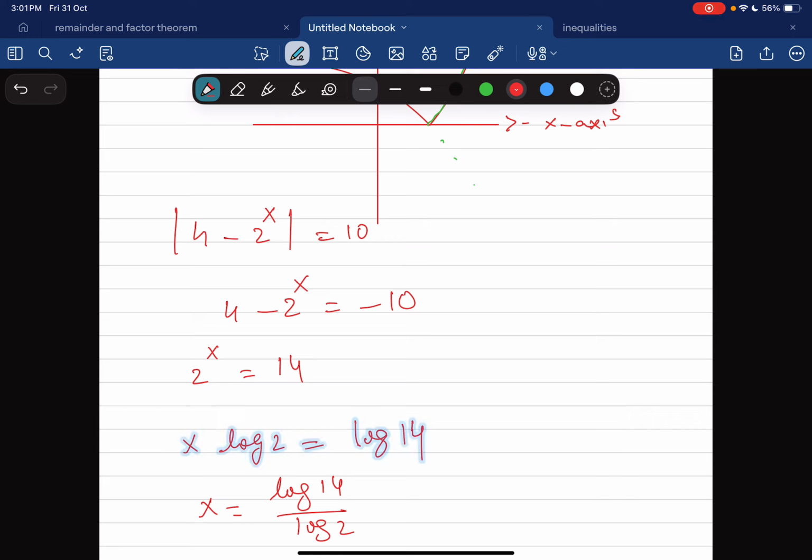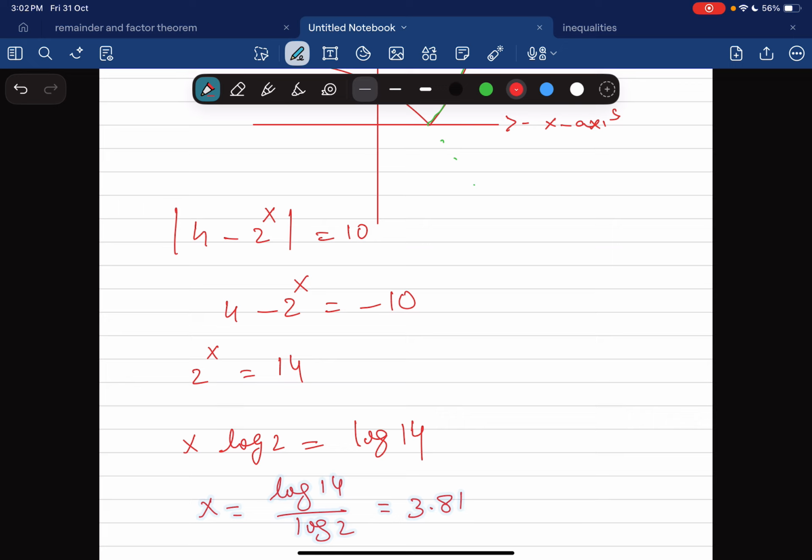What is the value of log 14 divided by log 2? We will use a calculator to find this value. That is equal to 3.81, to 3 significant figures.